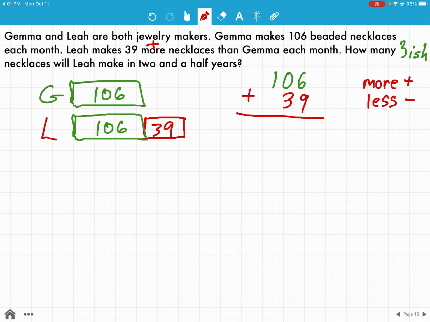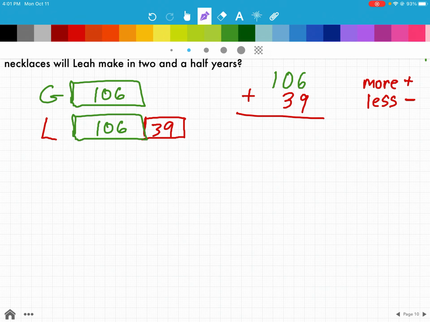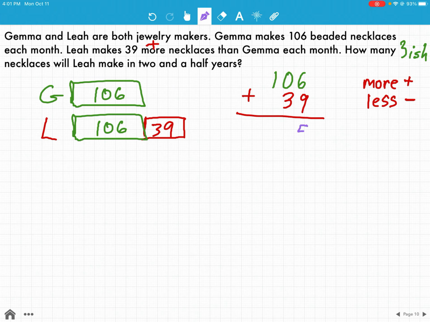All right. So I'm first going to add these up, and my new total is going to be 6 plus 9 is 15. 3 plus 0 is 3, plus 1 is 4.